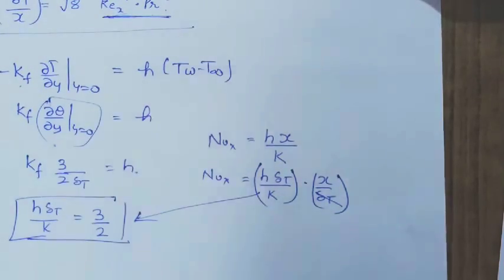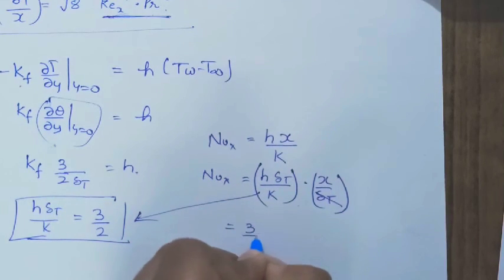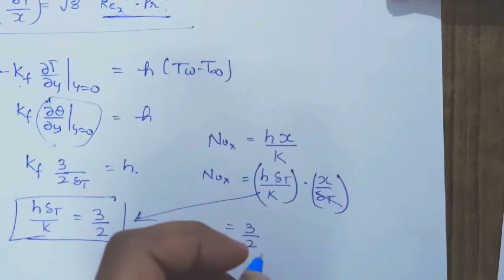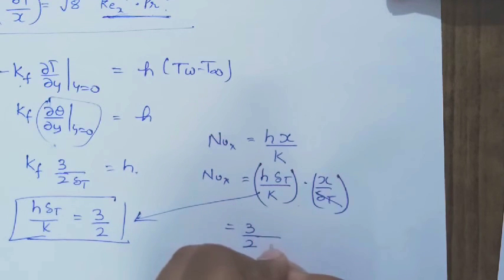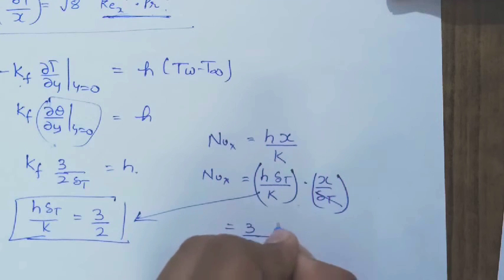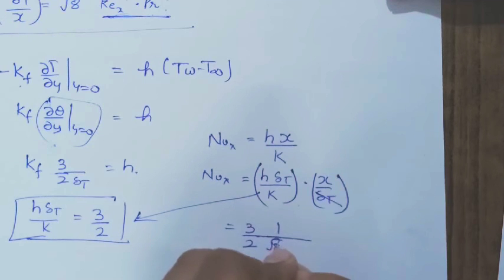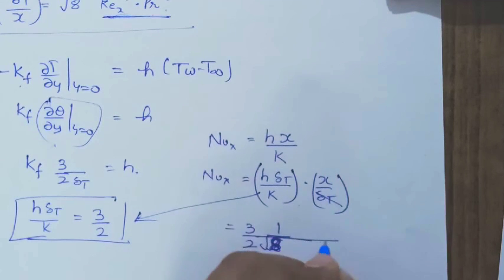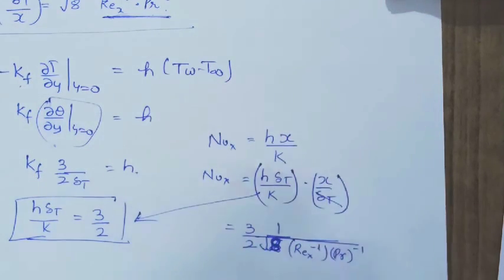So it will be 3 by 2 of, let me write, x by delta is 1 by root 8. You can say that root 8 of Reynolds number to the power 1 into Prandtl number to the power minus 1, right?